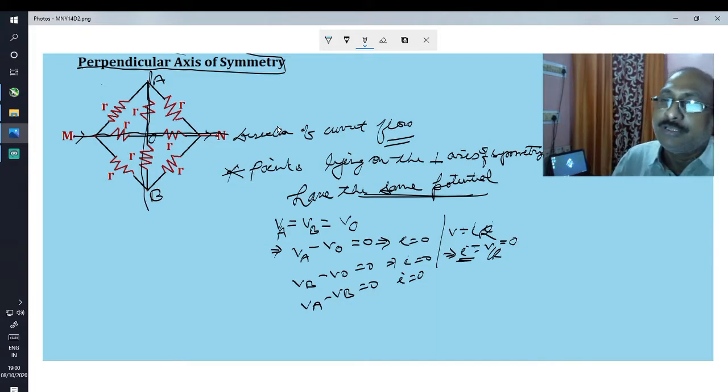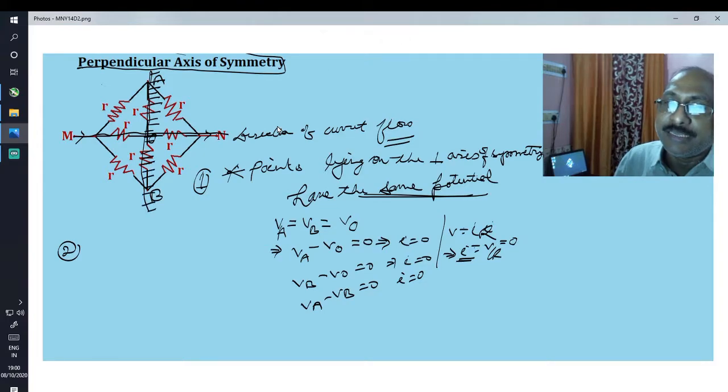Now the next point, the first was the most important point. Second is, if we place a mirror on the perpendicular axis of symmetry, in that situation what happens?